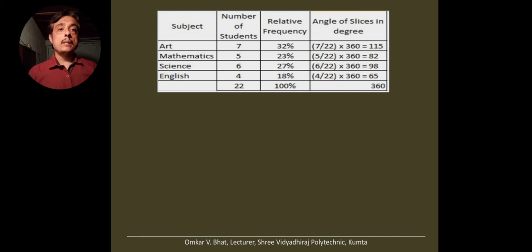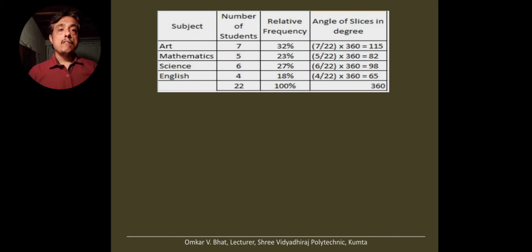Similarly, mathematics, the slice which represents mathematics should have an angle of 82 degree. Similarly, science 98 degree, English 65 degree. If you add up all the angles, it should be equal to 360 degree.